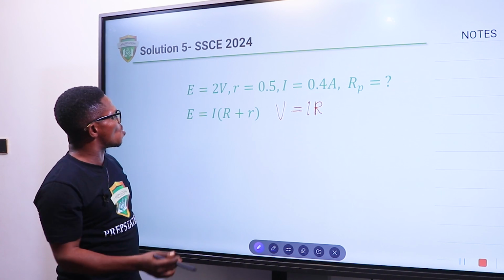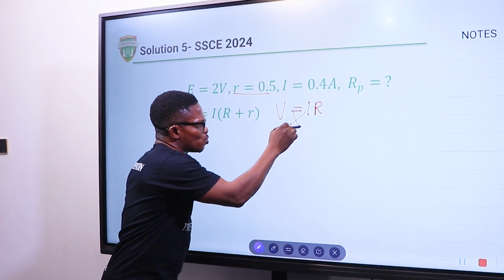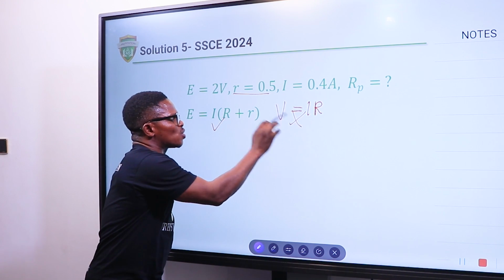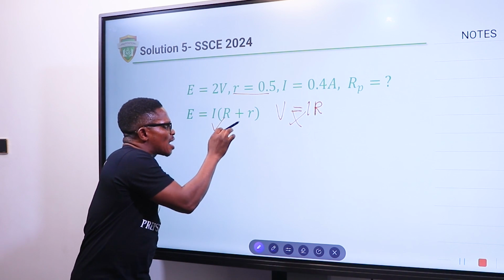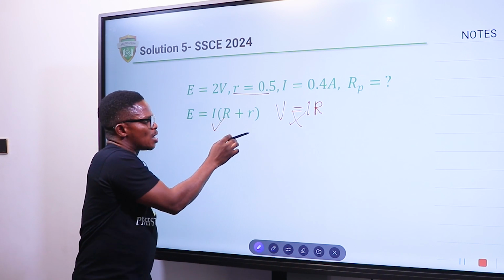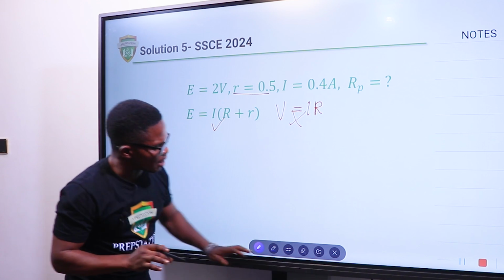But in a situation where internal resistance is involved, you cannot use this formula, because it does not have provision for internal resistance. But this formula has provision. The only difference here is the addition of small r and V graduating to E. Does that make sense?